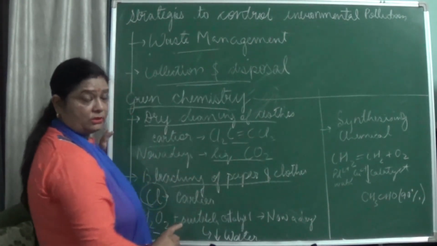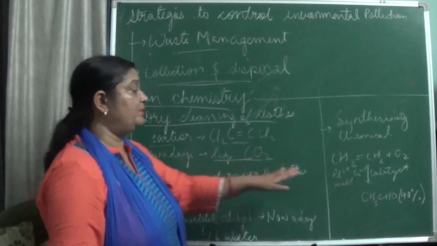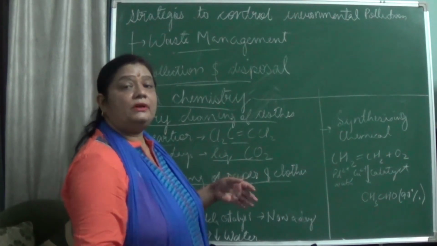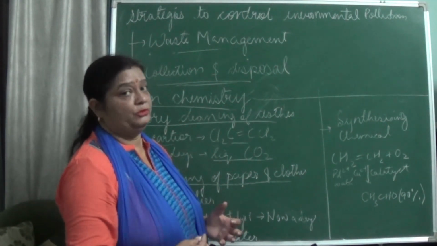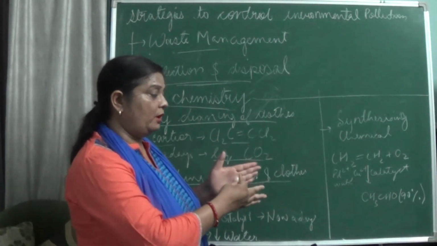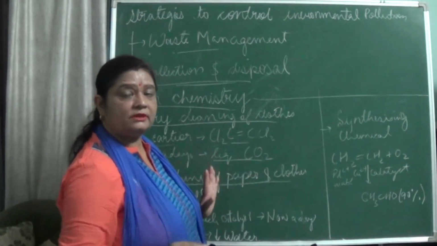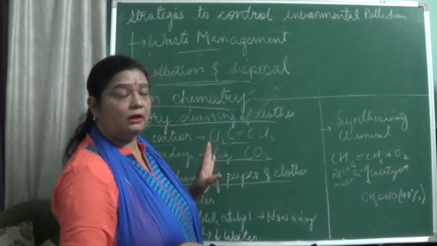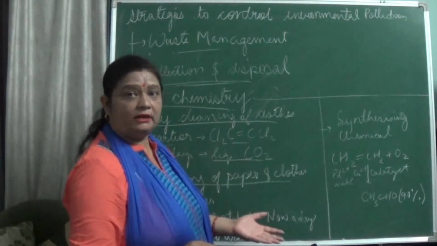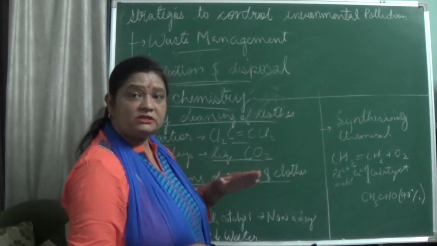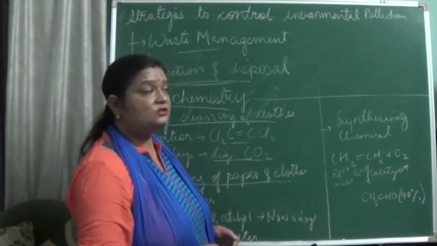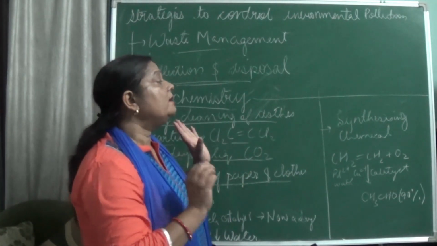Now, chemicals were prepared earlier also, but they used to contain a number of impurities. We want the pure one, so we used to keep the pure, but the impurities were left out in the environment, and this used to cause pollution. So nowadays we are thinking of an alternative method, that we will get pure chemicals and impurities will be very less, so that they won't be disposed of in the environment.